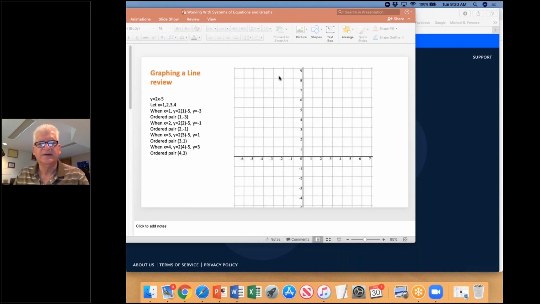I have this equation in here, y equals 2x plus 5. And I plugged in these 4 values, 1, 2, 3, and 4. So when I let x equal 1 and plug that into the equation, I got 2 times 1 minus 5 equals negative 3. So I came up with the ordered pair 1, negative 3.